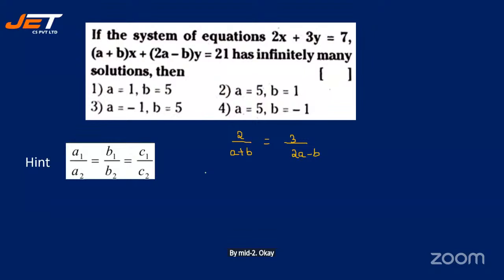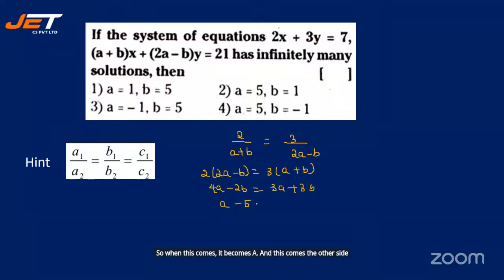Just cross multiply. 2 into 2a minus b is equal to 3 into a plus b. So 4a minus 2b is equal to 3a plus 3b. So when this comes to the other side, it becomes a minus 5b.